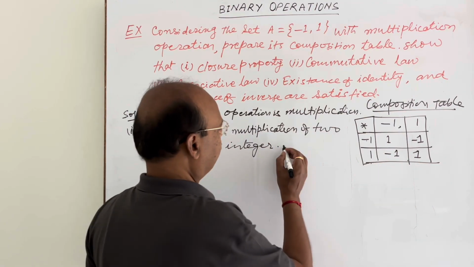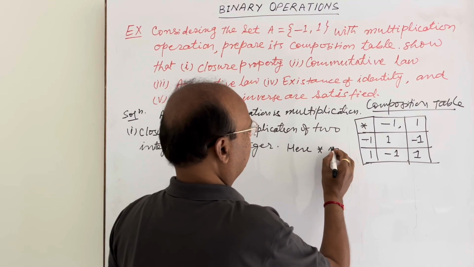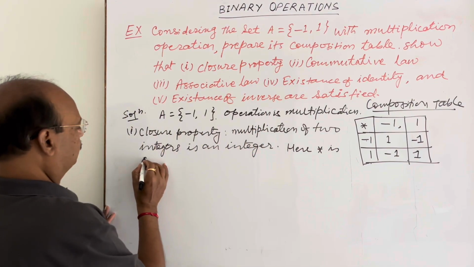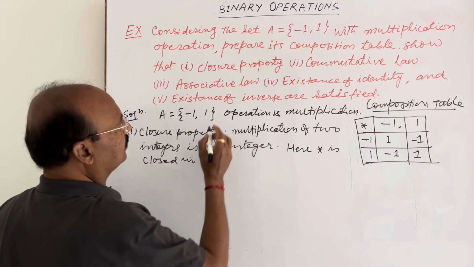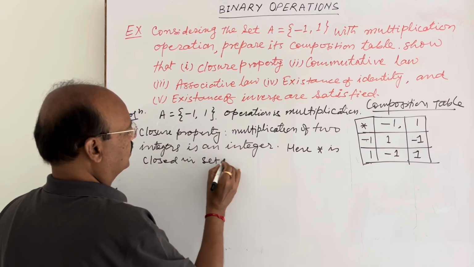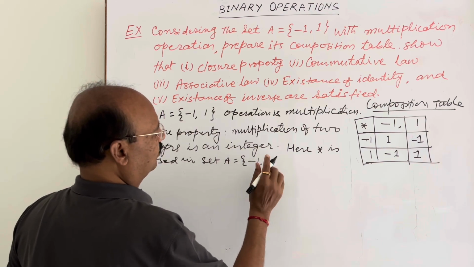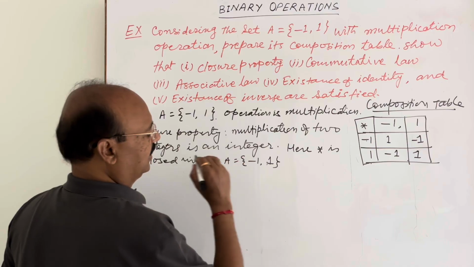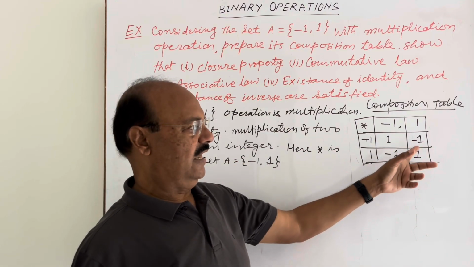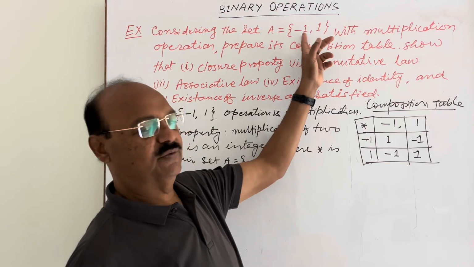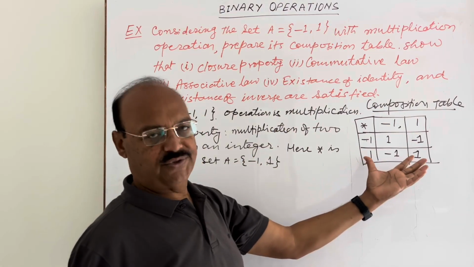So this operation is closed in set A having elements -1 and 1, because you see the composition table has only these 2 elements -1 and 1, not other than these 2 elements, so this is closed.